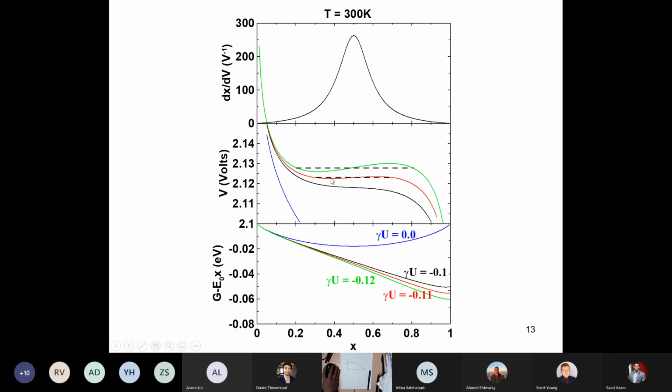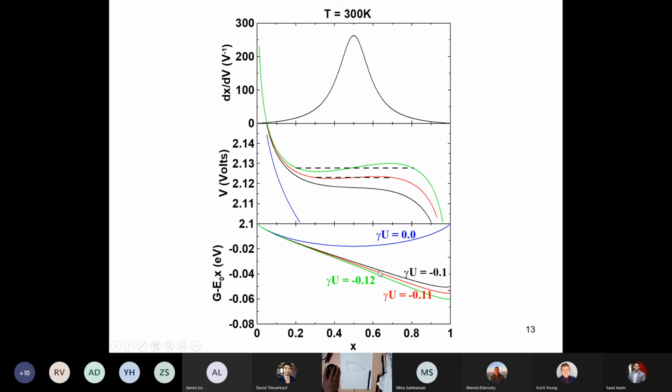So instead of the voltage going upward, here we're just looking at some values of the attractive interaction very near to the critical point where you get phase separation.